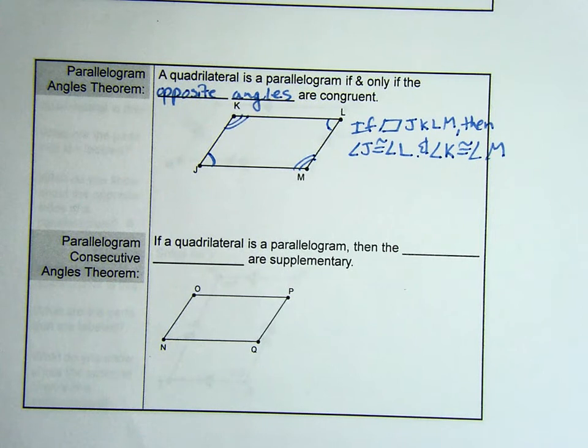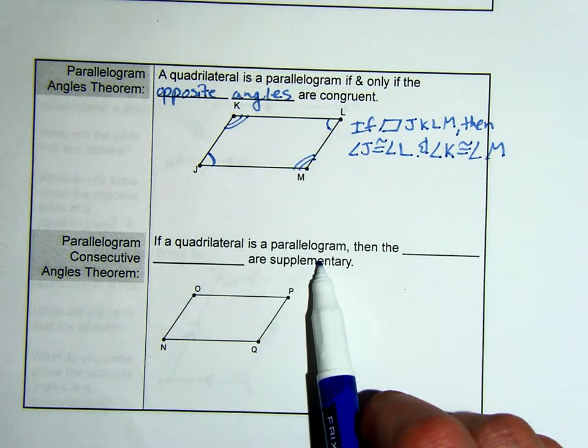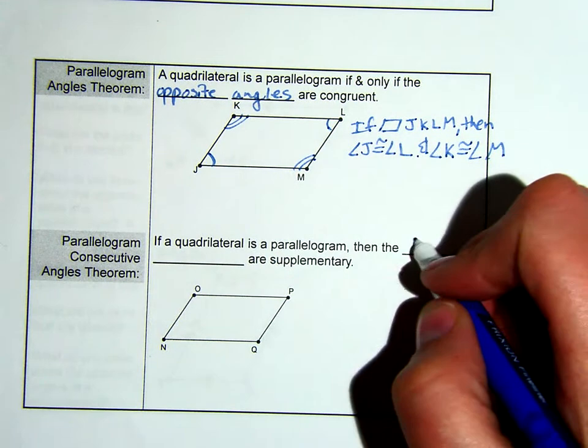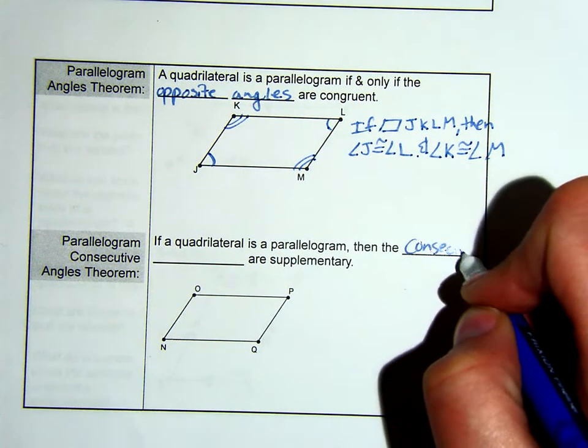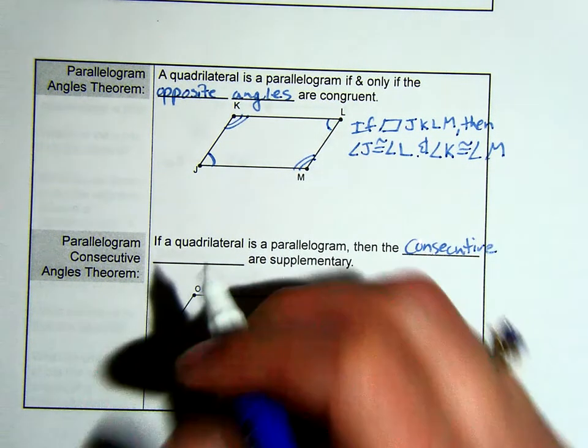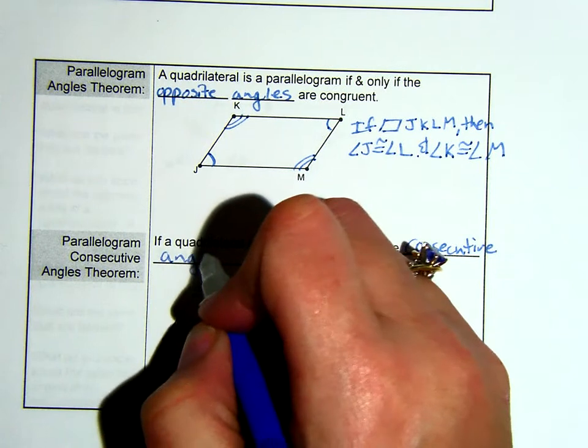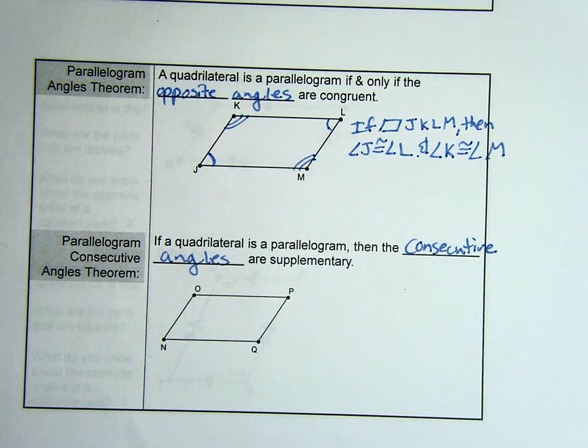Parallelogram consecutive angles theorem. If a quadrilateral is a parallelogram, then the consecutive angles are supplementary. And consecutive still means the same thing that it meant back in Unit 2.